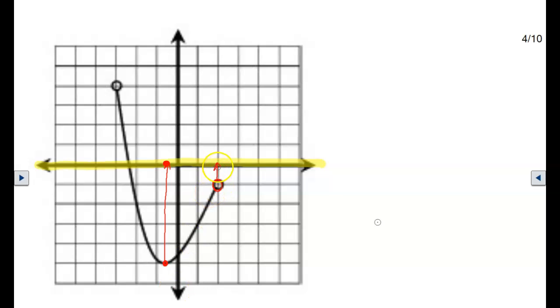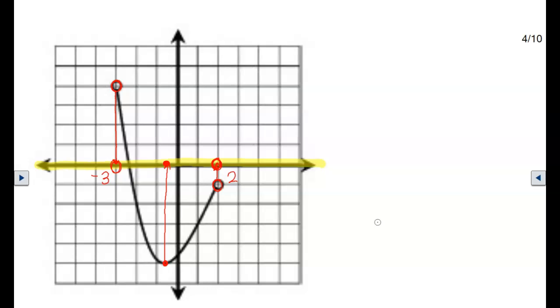That would land me at -2, or not -2, +2. +2 though actually wouldn't be a part of the domain. So I'm going to put an open circle right there, because I have an open circle on my graph. And again, if I go over to this other end, here's another point that's on this graph. I could trace that back to the x-axis, which would land me at what? -1, -2, -3. So that's -3, that's +2.